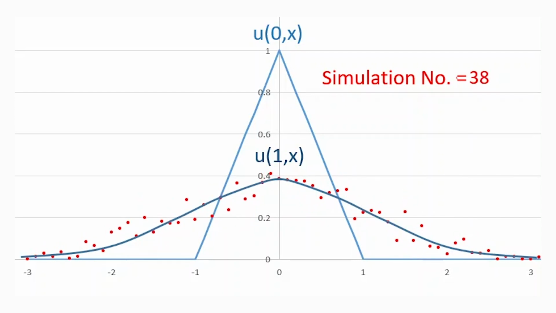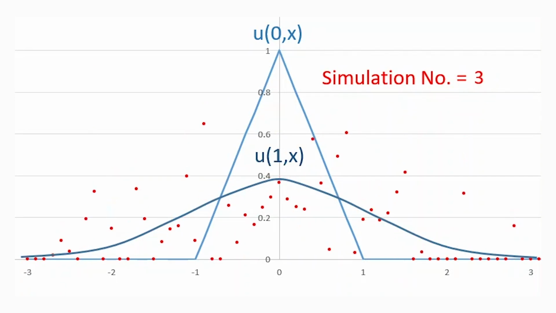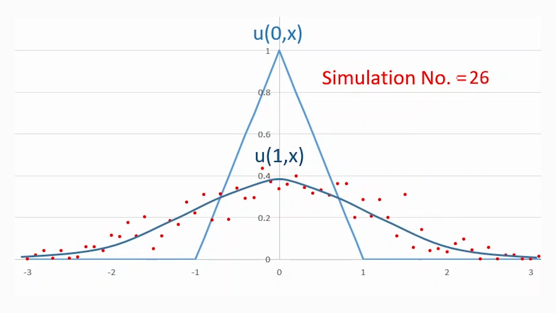This is the number of simulations, the number of samples we have considered for the average, and as the number of samples increases, these points come pretty close to the curve. So one can get a good approximation of the solution using the simulation.